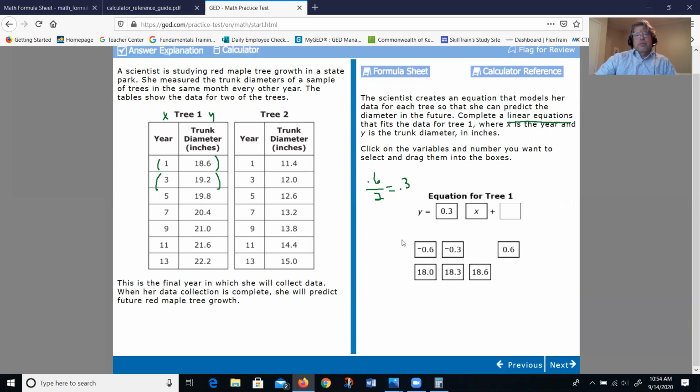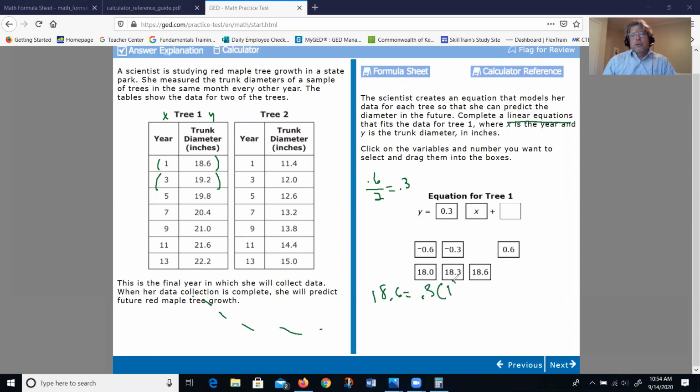So in this equation, I have this 18.6 goes in for y. The 0.3 goes in for m.